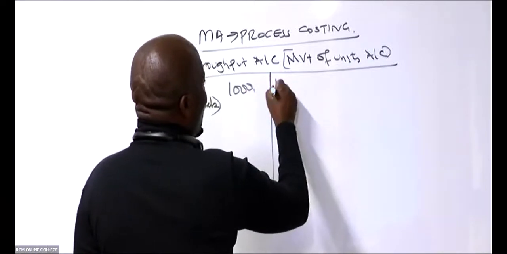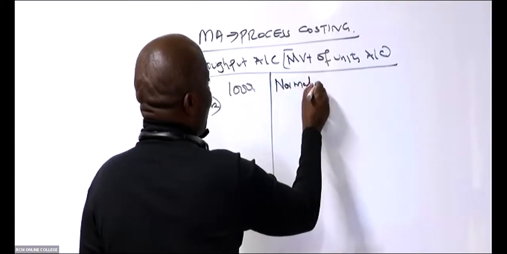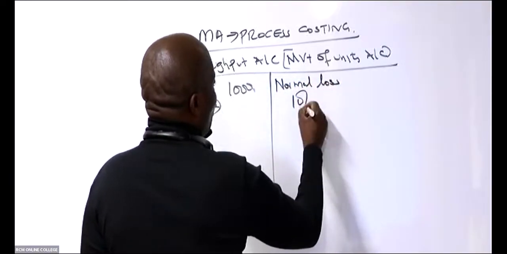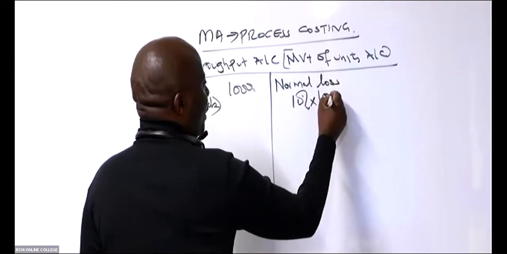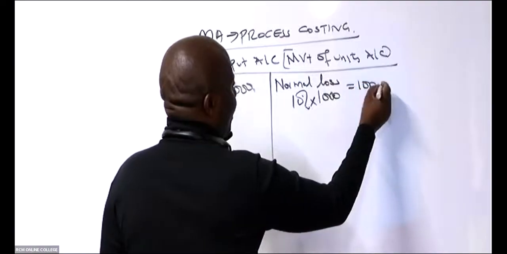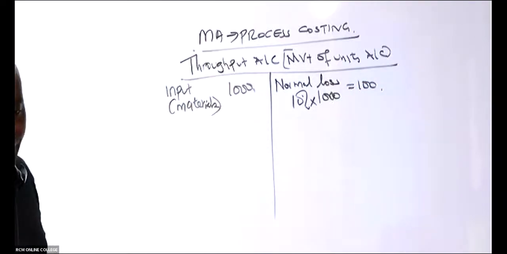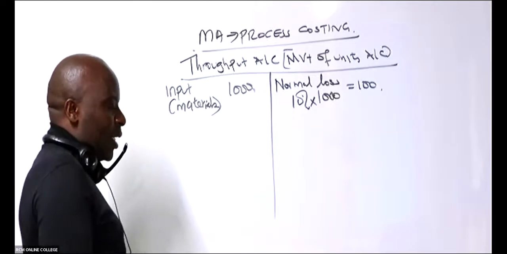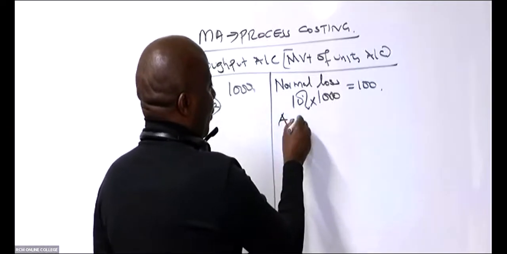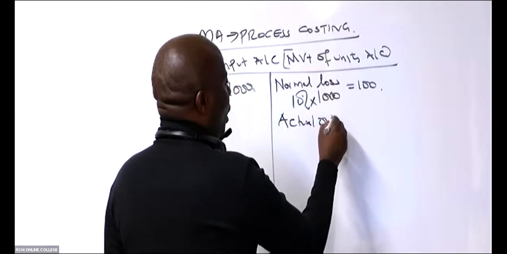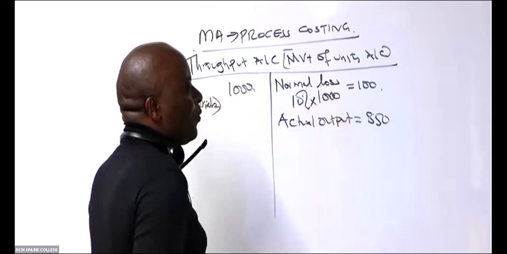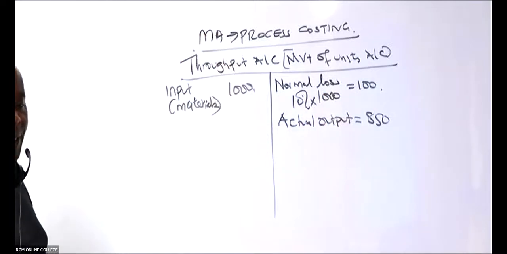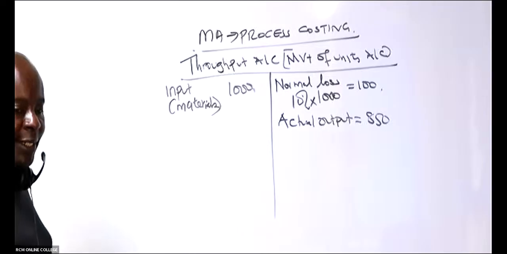Normal loss, they have told us, is 10% of the input. 10% of 1,000 gives us 100. And then in the same question, they have given us the actual output, a figure of 850. So now I should be able to balance this account.